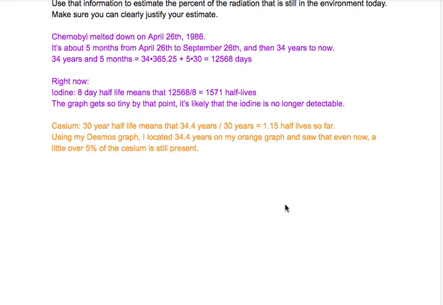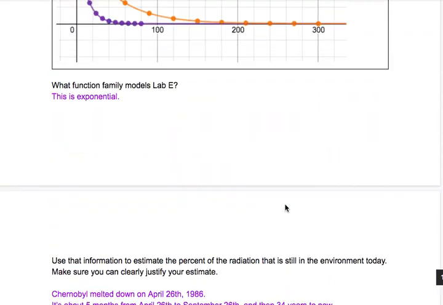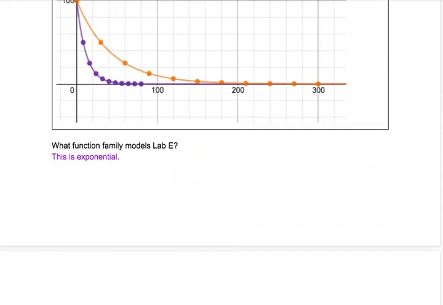And at 34 years, whoops, that should say a little bit under 50% of the cesium is still present. So go ahead and make that change. I'll fix that on the sheet. That it's a little bit less than 50% is still there. That's crazy. So that's the end of our solutions.